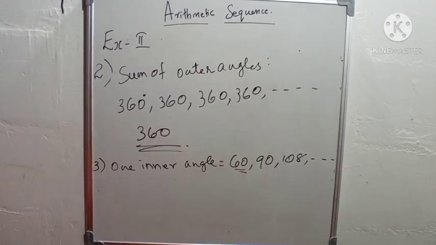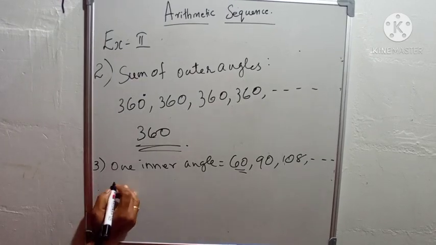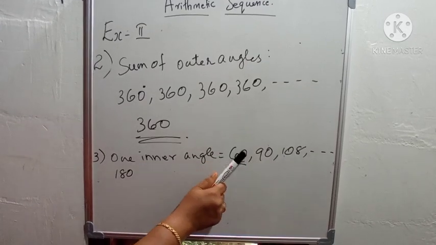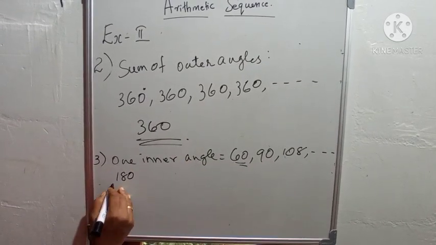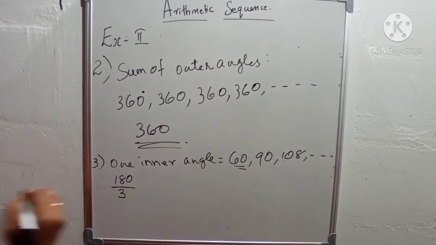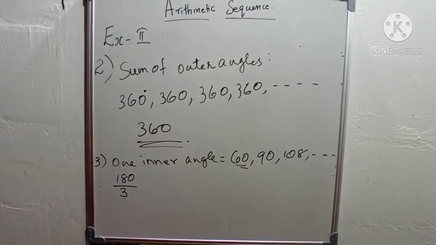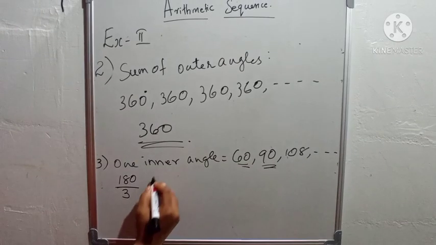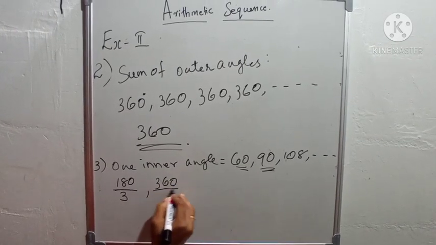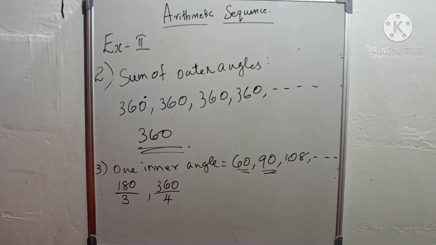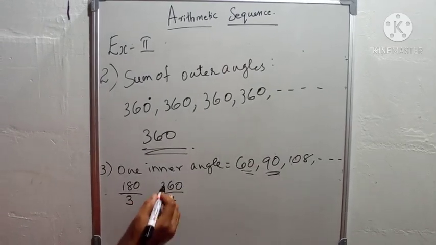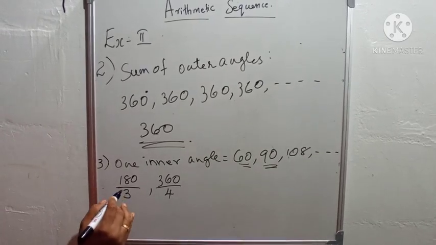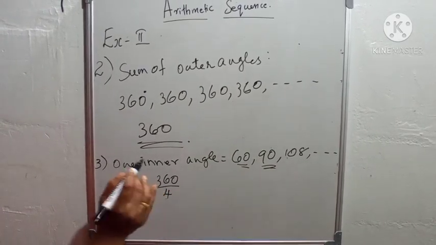We know that the sum of inner angles of a triangle is 180. And we get one inner angle by dividing this 180 by 3. Right? 180 by 3. And what about this 90? That 90 is 360 divided by 4, that is, the sum of inner angles by the number of angles. Three angles are there for a triangle, 4 angles for a square.